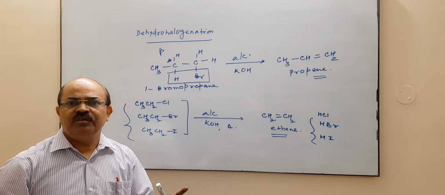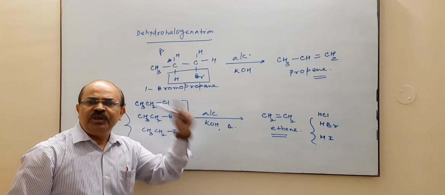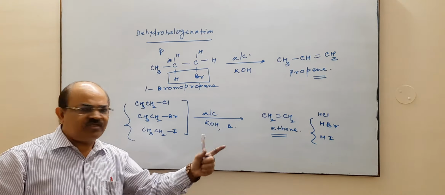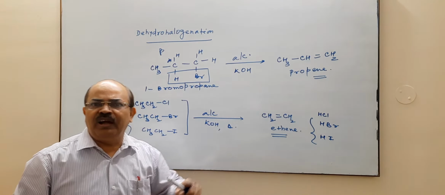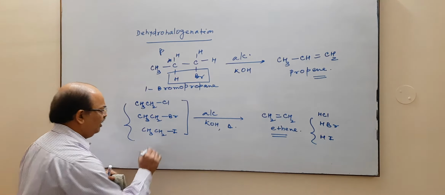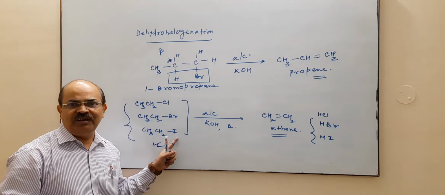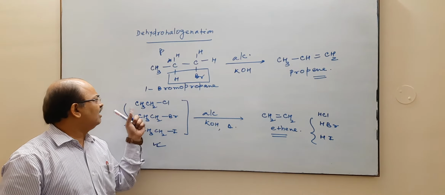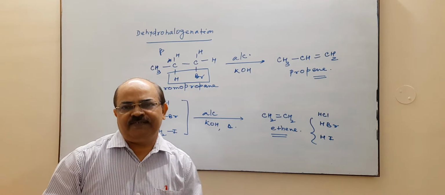But in which case will this ethene form faster? The answer is in case of ethyl iodide. While the slowest reaction will be in ethyl chloride.